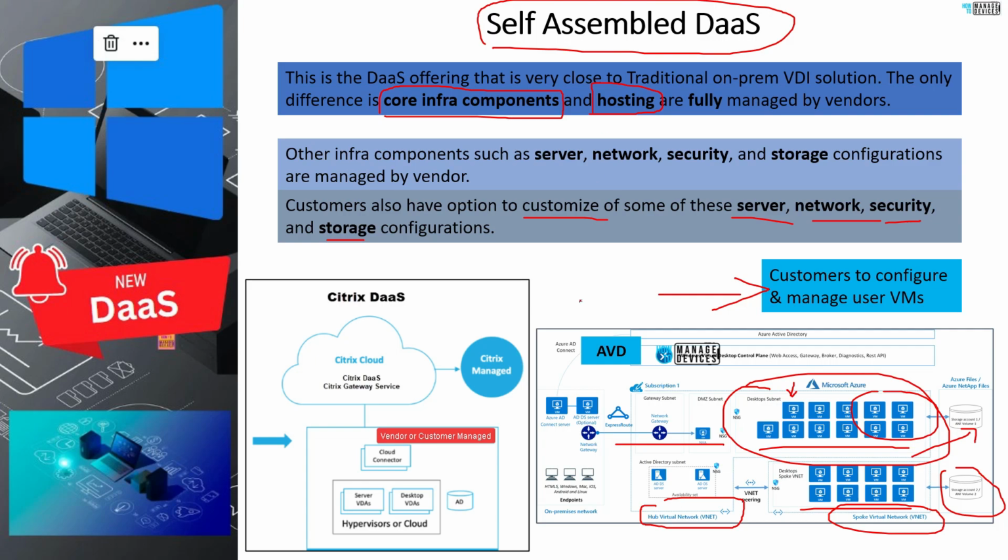If they want to use an on-prem hypervisor to have some on-prem VDI solution, then that is managed by customers or service providers. Even though the vendor provides all these services, server, network, security, storage, customers can configure and customize them accordingly, and then they have to configure and manage user VMs.